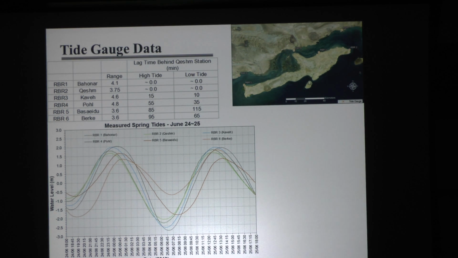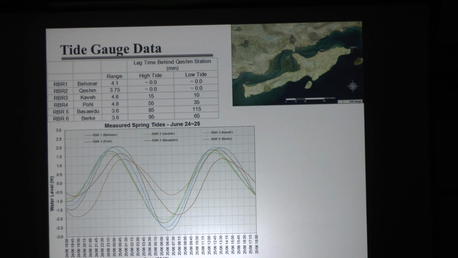Again, when you come to the bridge location, it's something about 55 minutes lag from, this is Qeshm city, from Qeshm station, and 35 minutes lag in low tide.